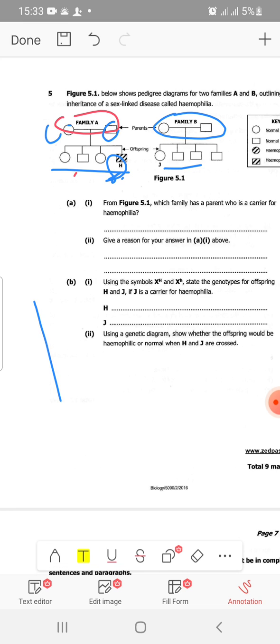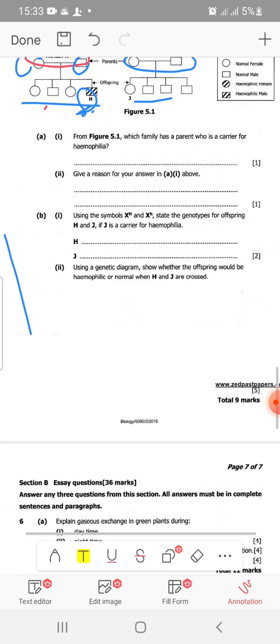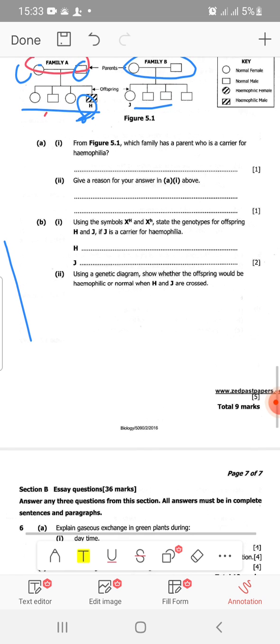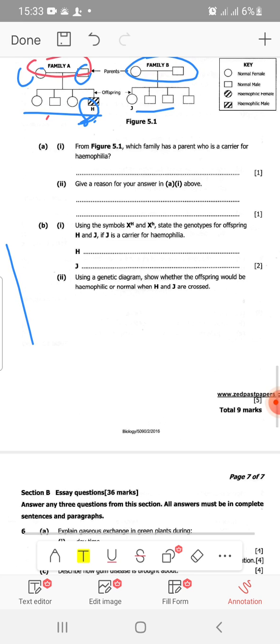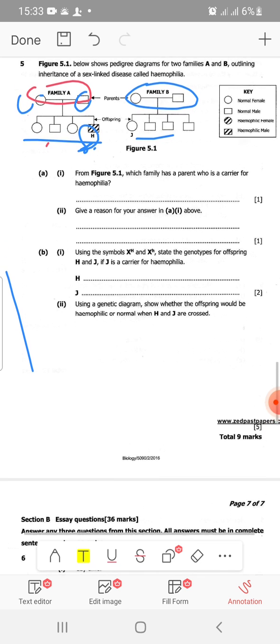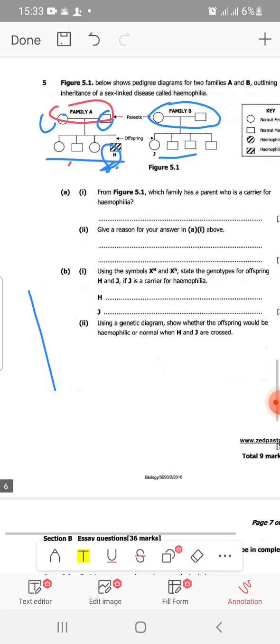And then we go to B. Using the symbols given, which is the capital H and the h on top, and the other one, state the genotypes for offspring H and J, if J is a carrier for hemophilia.